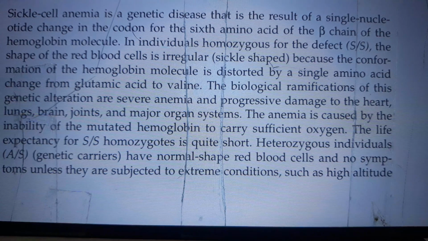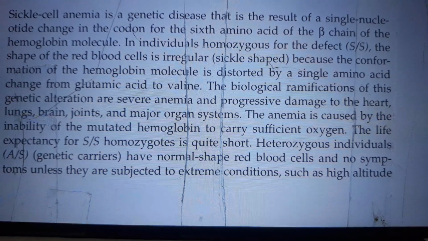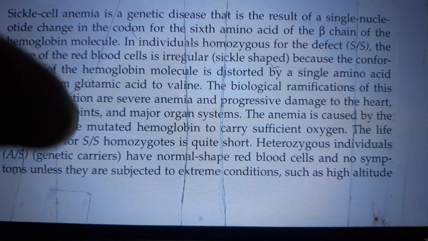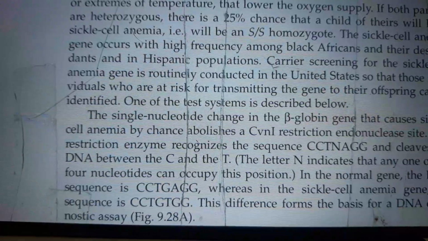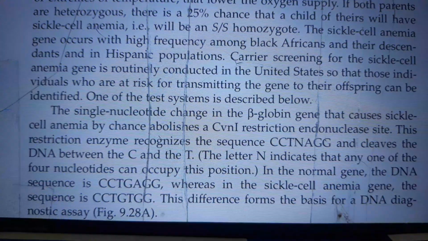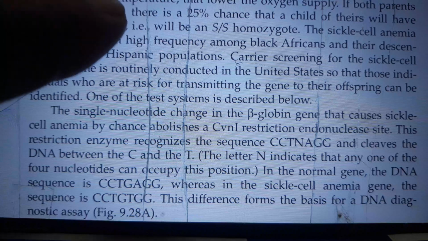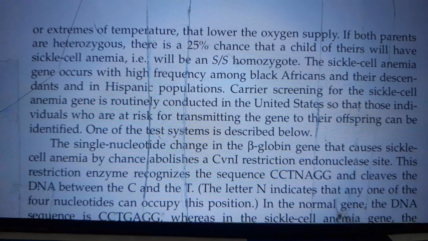Heterozygous individuals, the genetic carriers, have normal shaped red blood cells and no symptoms, unless they are subjected to extreme conditions such as high altitudes or extremes of temperature, with low oxygen supply.